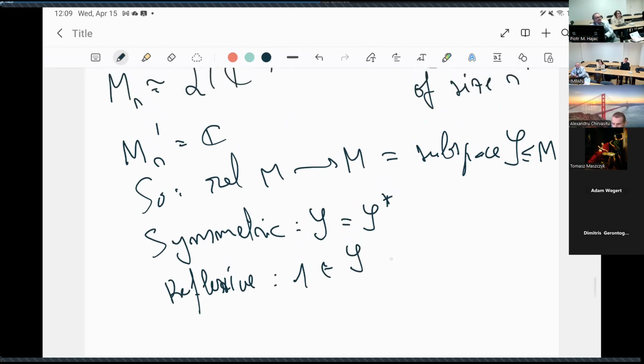Now, you might know this package under a different name than we've used so far, right? A self-adjoint subspace containing the unit. We call it an operator system.